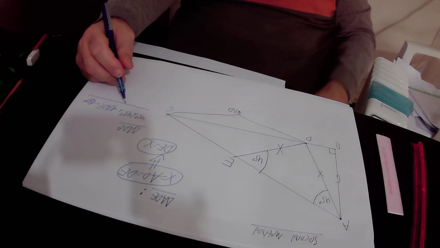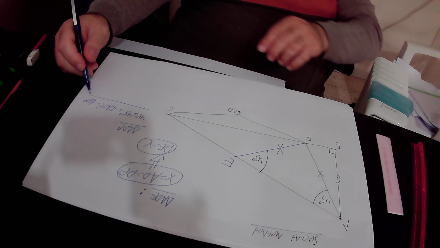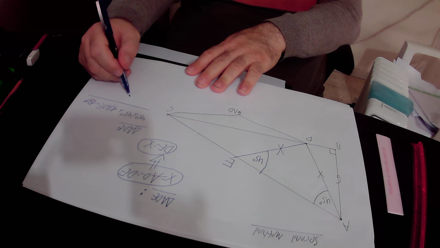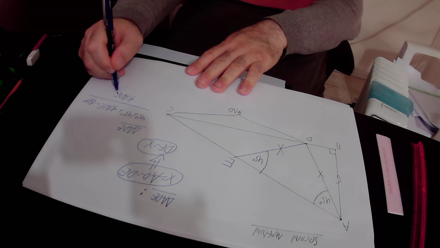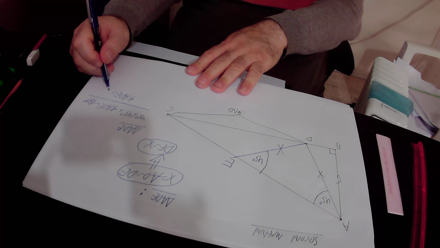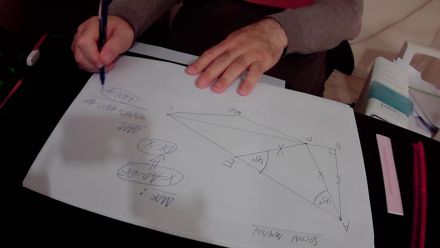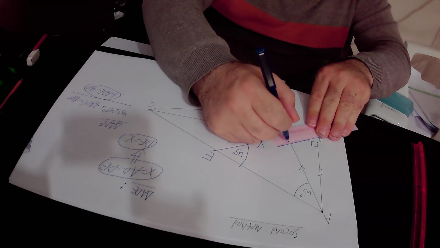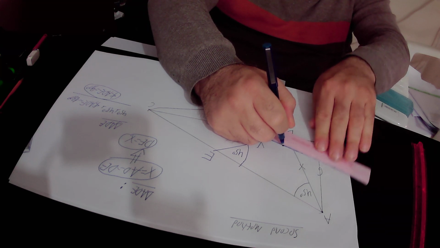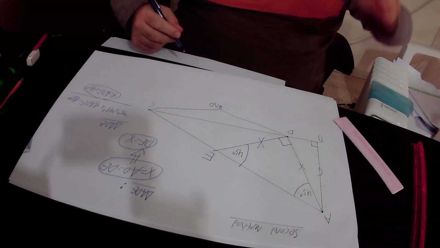Here 45 degrees plus 45 degrees is 90 degrees. So we subtract 90 degrees from this equation and we will get that the missing angle, angle ADE, is equal to 180 degrees minus 90 degrees, it is 90 degrees. So we found out that angle ADE, the missing angle, is equal to 90 degrees. Therefore, triangle ADE is a right triangle.